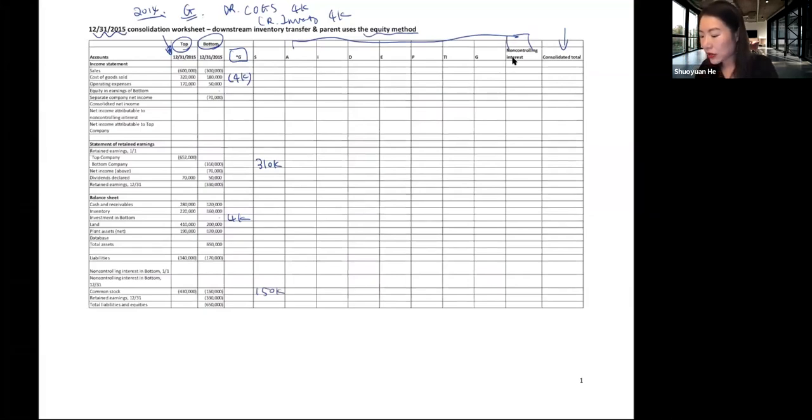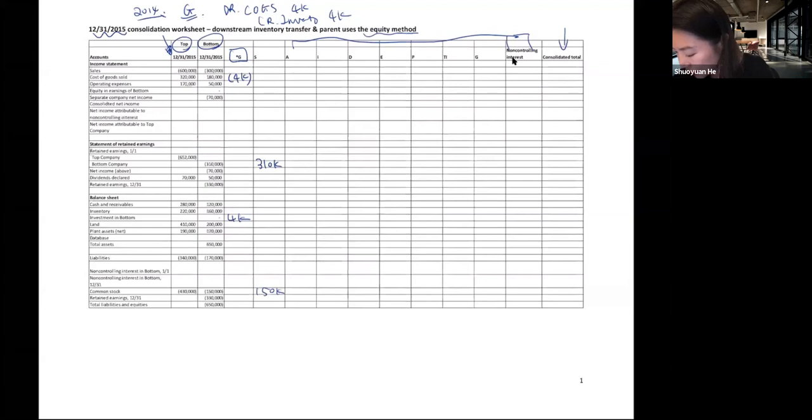And then this 310 and 150 is allocated between the controlling interest and the non-controlling interest. The controlling interest has 80% ownership in the subsidiary, so the controlling interest gets 80% of that, which is 368,000.